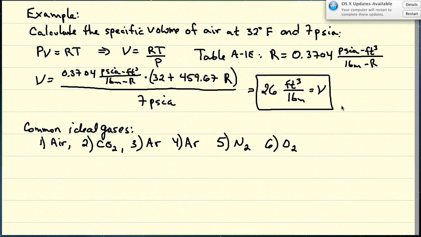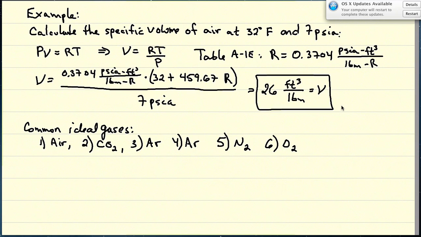Okay, so now we have the ideal gas relationship that allows us to do, for example, the relationship among pressure, temperature, and volume. But if you remember when we studied phase change substances like water and R134a, we were finding more than just specific volume, temperature, and pressure. We were also finding internal energy, enthalpy, and entropy.